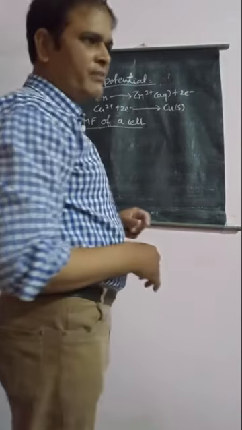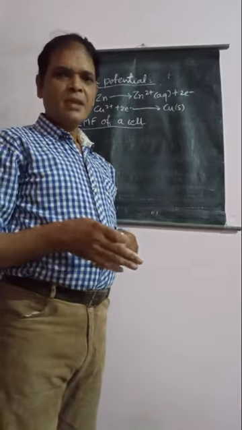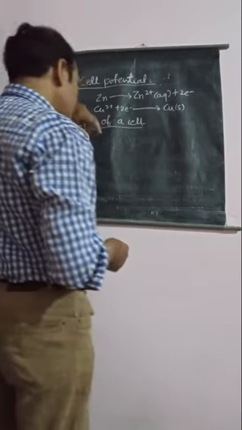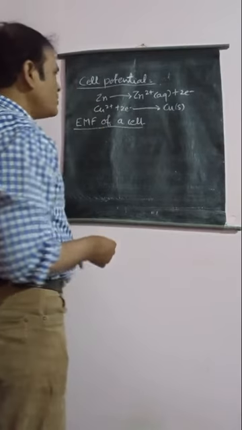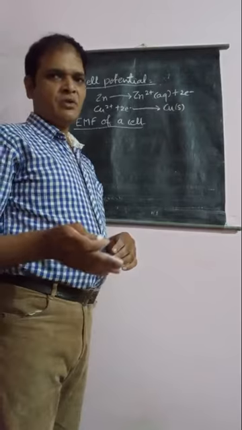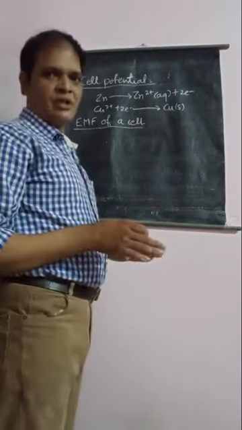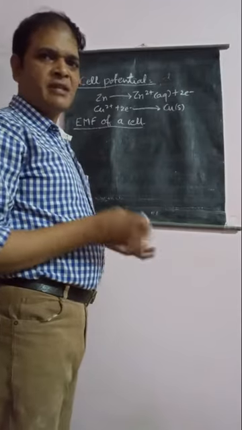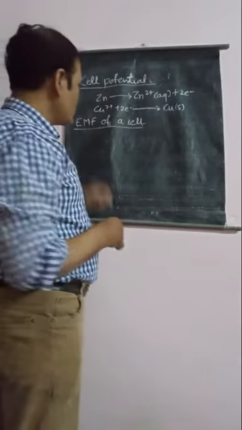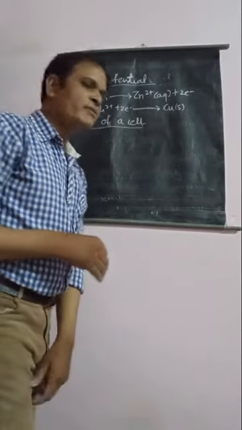EMF can be found out when the cell is not in working condition, while the cell potential can be found out when the cell is working. So these are 2 differences between cell potential and EMF of a cell.